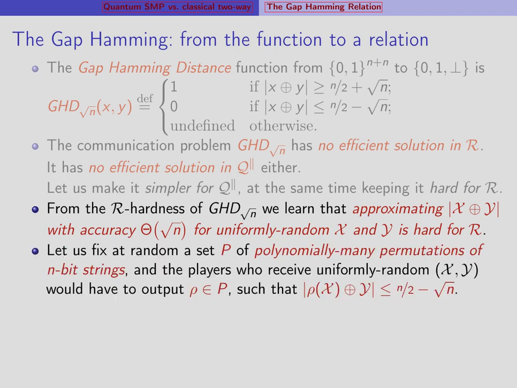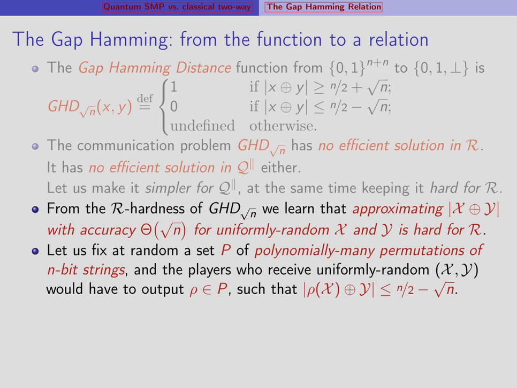Let us fix at random a set of polynomially many permutations from the family of n-bit strings to itself. And the players now are required to produce a permutation from the set that we have fixed, such that this permutation maps the value of x to something that is slightly closer to y than expected, than in half.